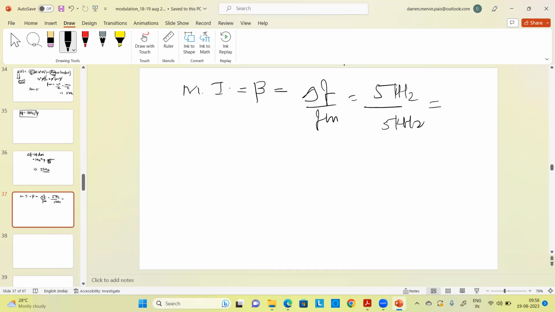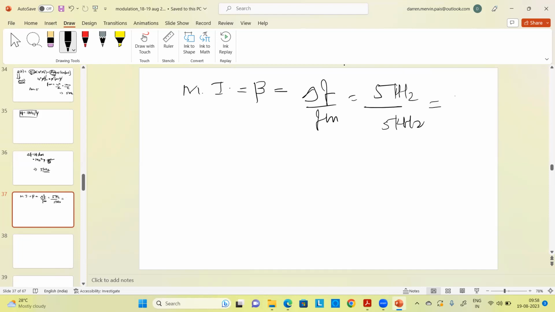What is the value of beta then? Wait, where's the thing? Ah, it's here.